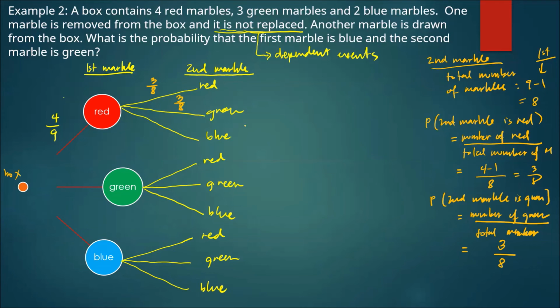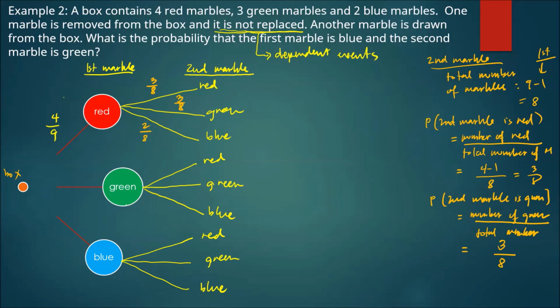Now, for the blue marble, what is the probability? How many blue marbles will there be inside the box if our first marble is red? Yes, there will still be 2 blue marbles, okay, but that will be over 8. Now, let us talk about the green marble to be the first marble.